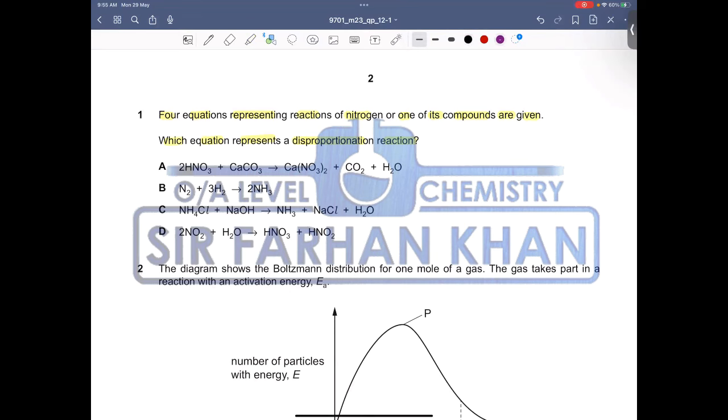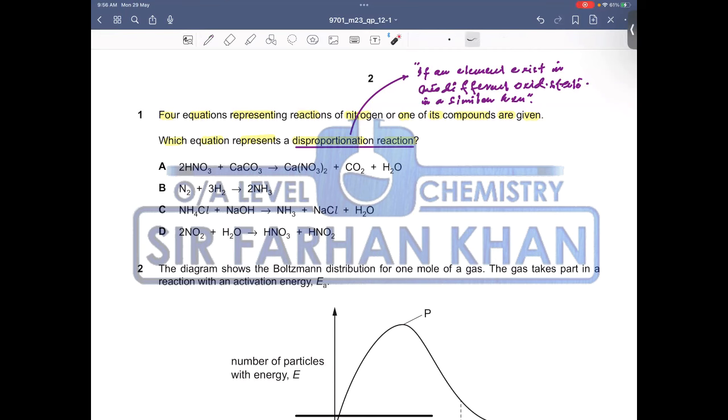So we have discussed disproportionation reaction in the class, and according to that, if an element exists in two different oxidation states in a same reaction or in a similar reaction, then it's called disproportionation reaction. All right. So one by one, we need to check.